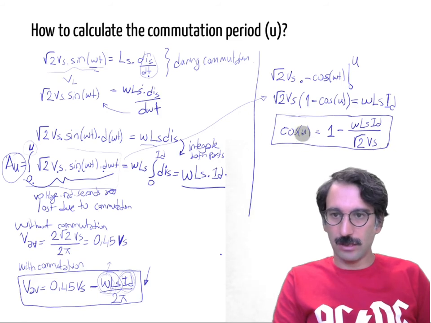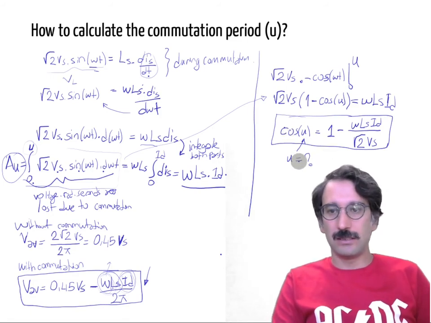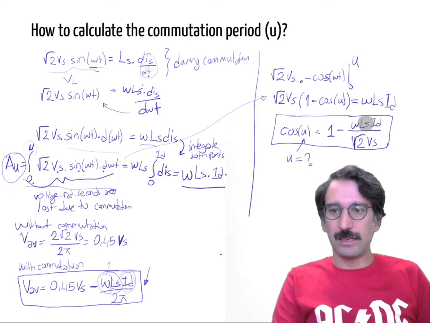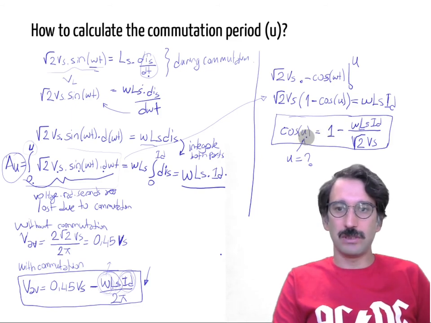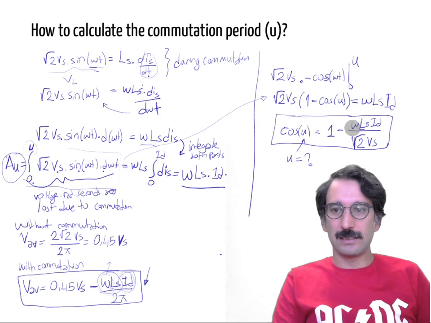And you can calculate the cosine, then you can calculate what is the value of u, and you can double check that one. If Ls is 0, that will be 0, so cosine u is equal to 1, that means u is equal to 0, and as that term gets bigger, that u term gets larger and larger.